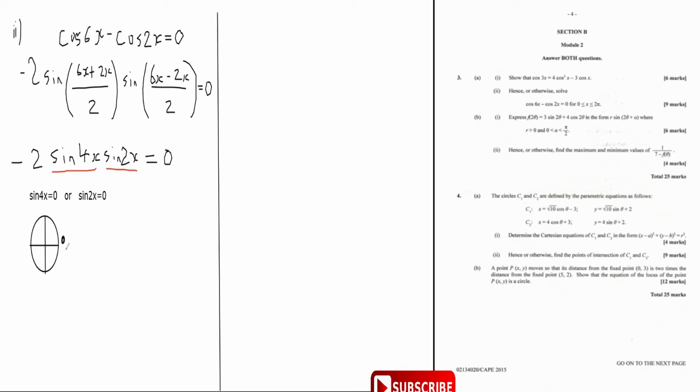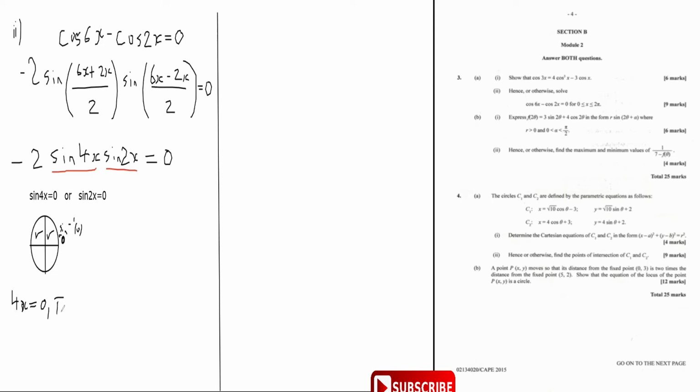Always remember that sine inverse of 0 is 0. But then remember sine is positive in the first quadrant and sine is positive in the second quadrant. So what you're getting then is 4x is equal to 0 or 4x is equal to pi minus 0, which is pi.